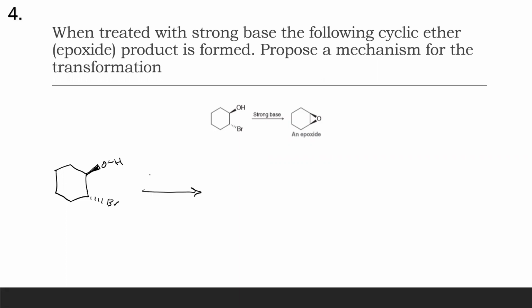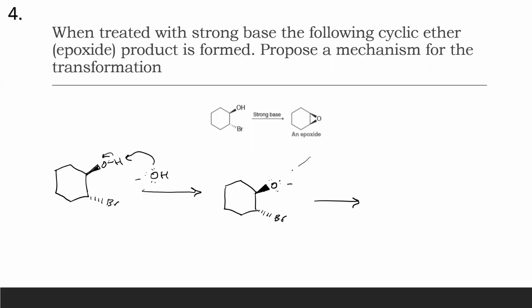You'll learn how to make these in chapter 8, I believe. And you're treating it with a strong base, let's say sodium hydroxide. So sodium hydroxide comes in, deprotonates, giving you something like this. Now, this should look pretty familiar.